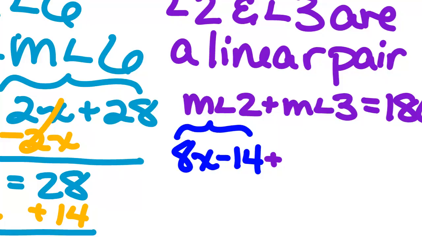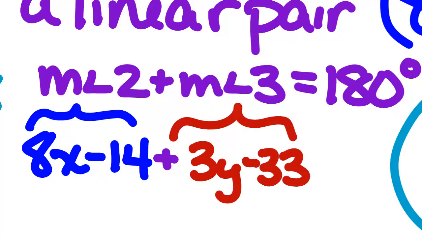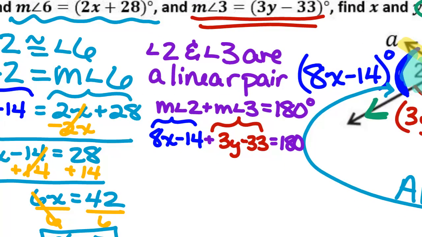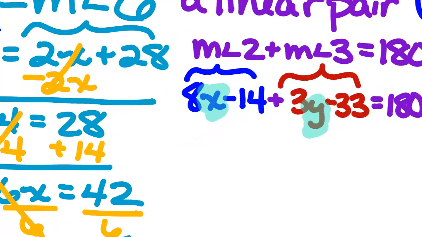Drop down my plus sign. Angle 3 is 3y minus 33. Bring down my equals 180. I have a problem though, because I have an x and I have a y. You plug in what you already have. Yes, we're going to plug in what we already found for x.